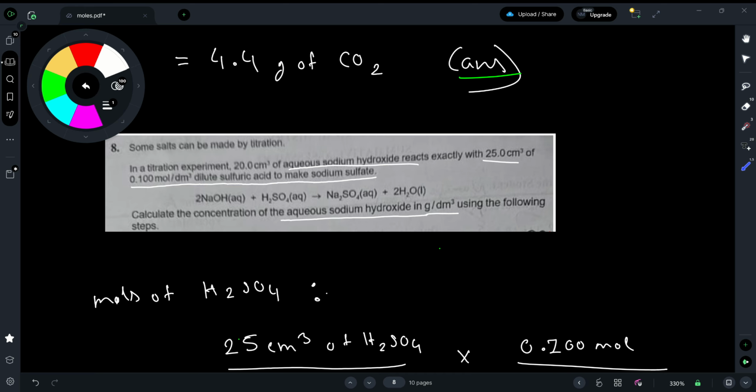So we found our moles of H2SO4. Now we need to find the moles of sodium hydroxide. You can see our ratio is 1 H2SO4 to 2 NaOH.